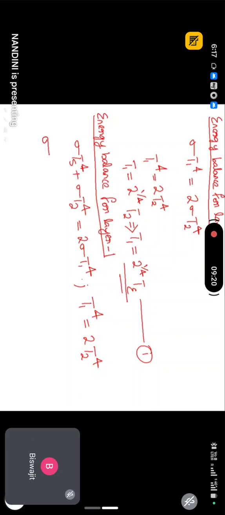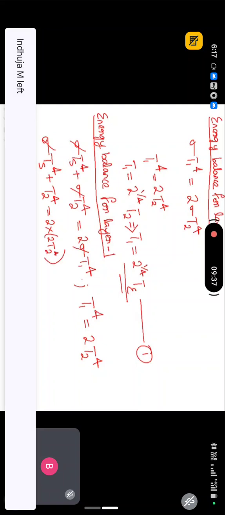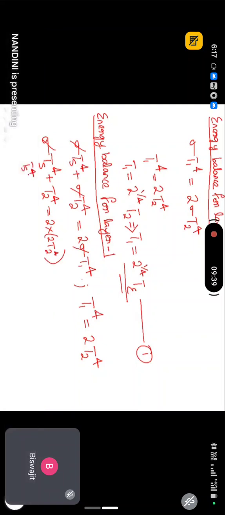So sigma Ts raised to 4, we can cancel all these sigmas as well. So Ts raised to 4 plus T2 raised to 4 is equal to 2 into 2 T2 raised to 4. Or we can write Ts raised to 4 is equal to 4 T2 raised to 4 minus T2 raised to 4.